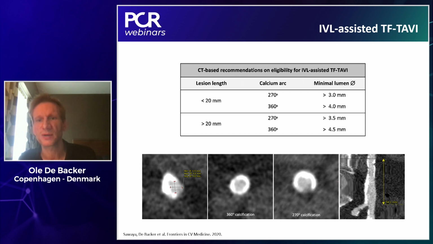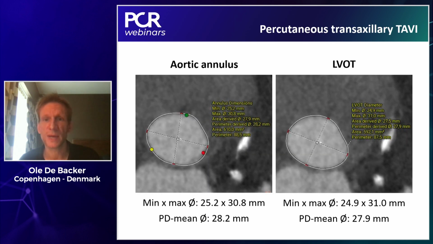If it's not completely circumferential, with 270 degrees calcium, we can even accept intraluminal diameters of 3 millimeters. Of course, it also depends on how diffusely this iliofemoral access vessel is diseased, but it has definitely shown its use in many cases. I want to go, however, into more detail here on percutaneous transaxillary TAVI.